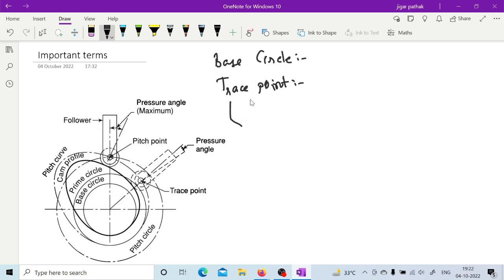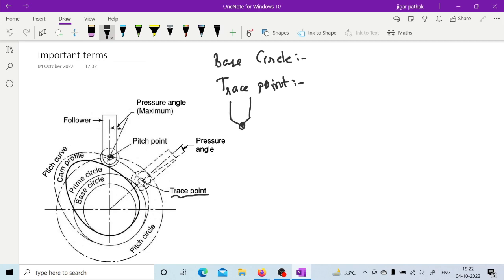If you take the knife edge follower, then this tip is considered the trace point. While if you go for the roller follower, then the center of the roller is considered the trace point, as mentioned here.